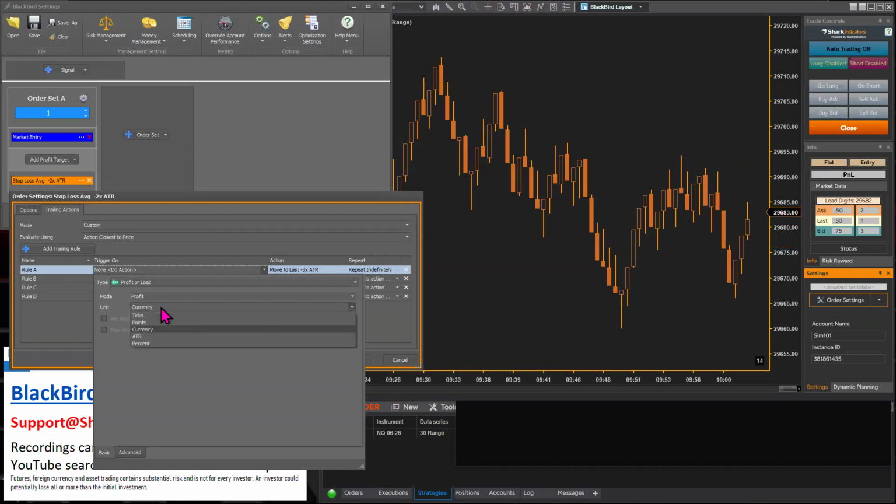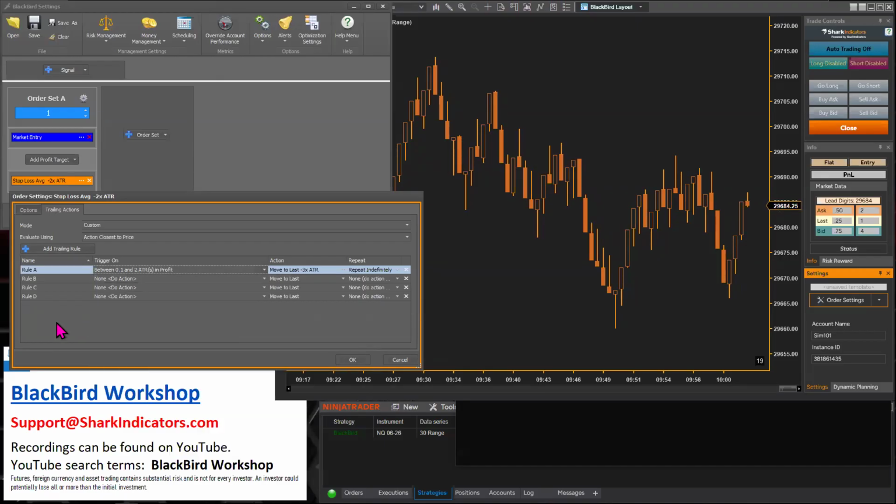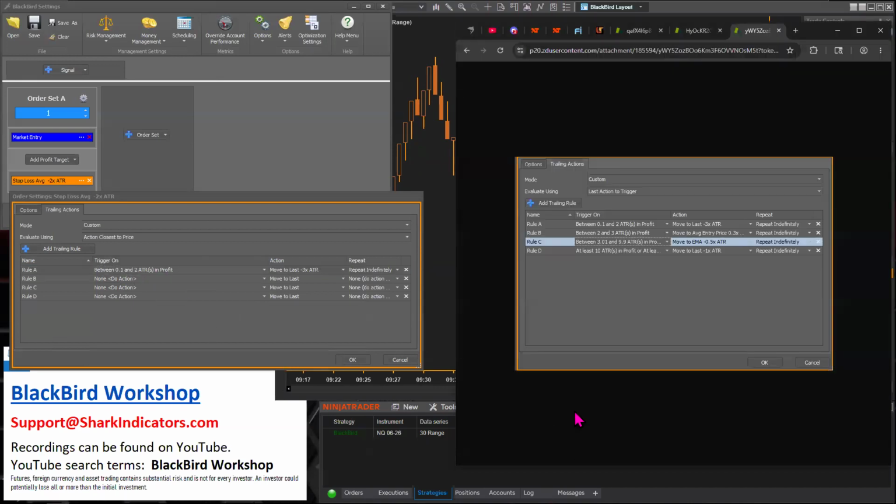Set this up to profit using ATRs. We'll set this up exactly the same here, like so. All right, so there is our first rule, 0.1 to 2 ATRs in profit.